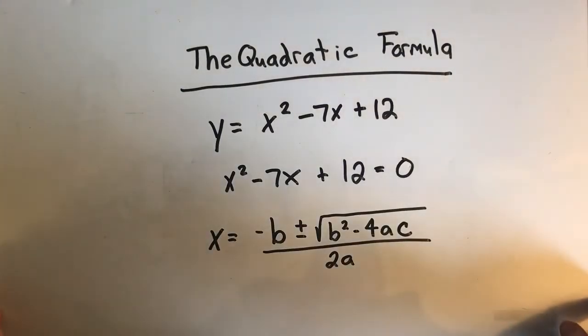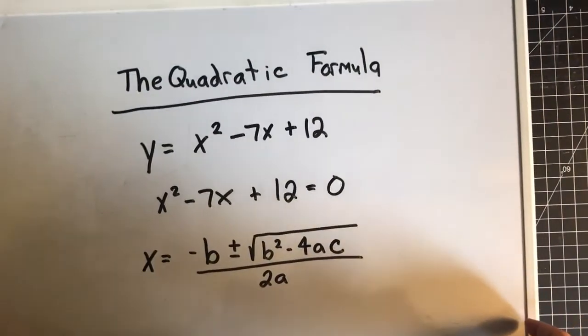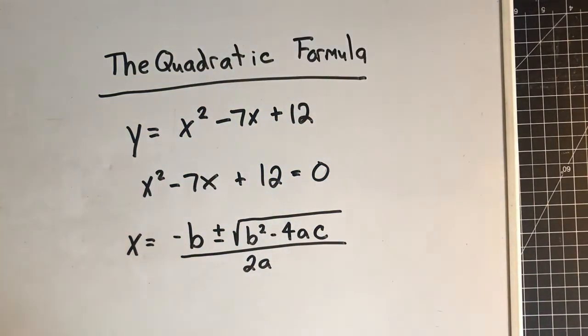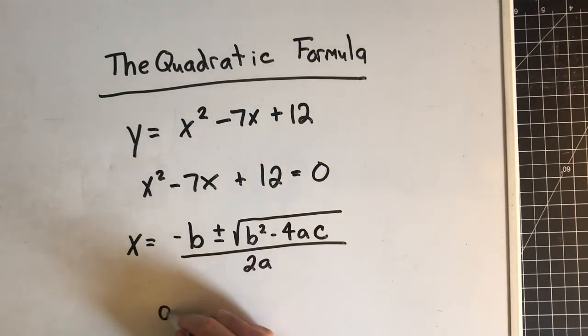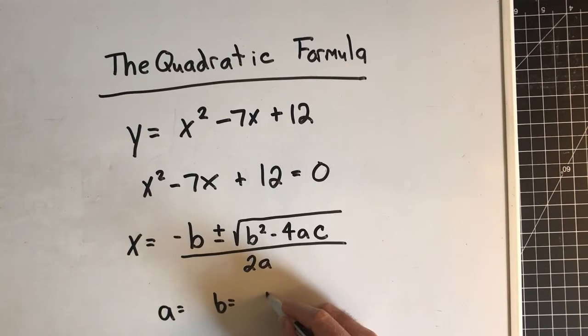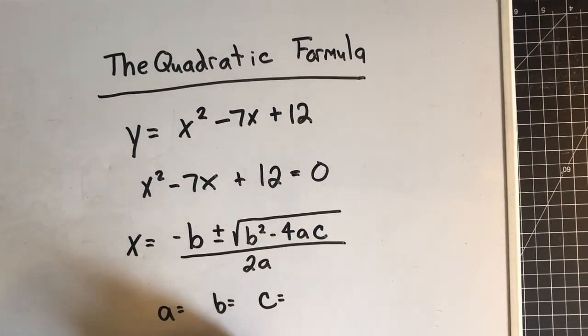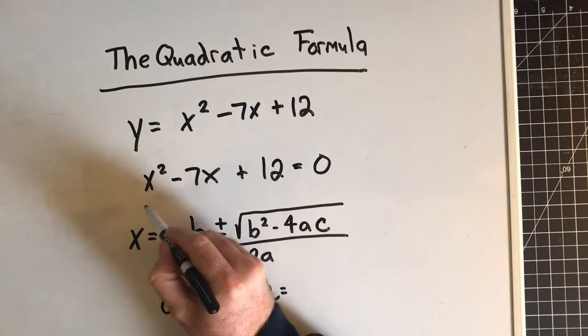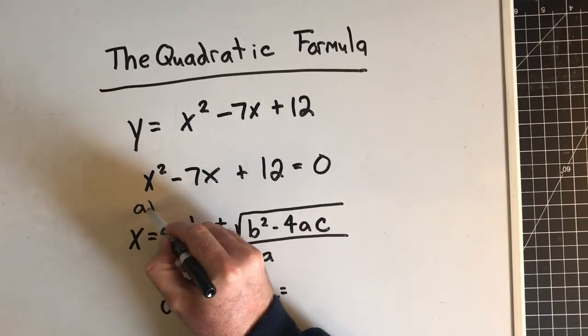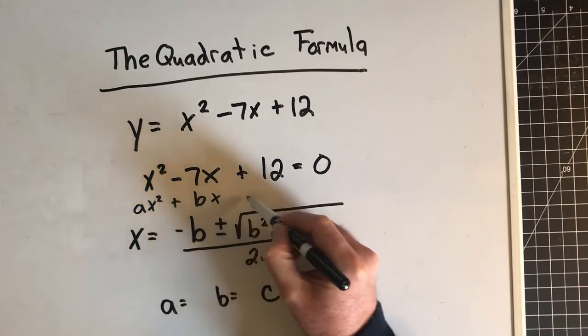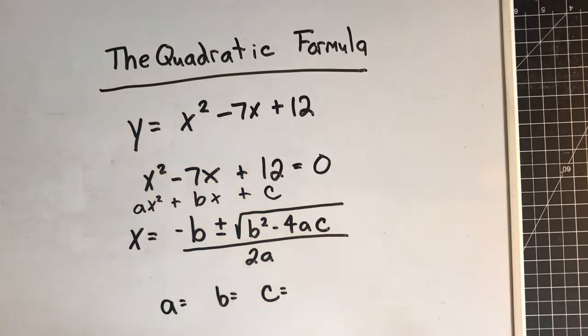So what I'm going to do now is slide this over a little bit so I can do my calculations over here. Alright, so first I need to know what is a, what is b, and what is c. Well, if you remember, standard form is ax squared plus bx plus c.